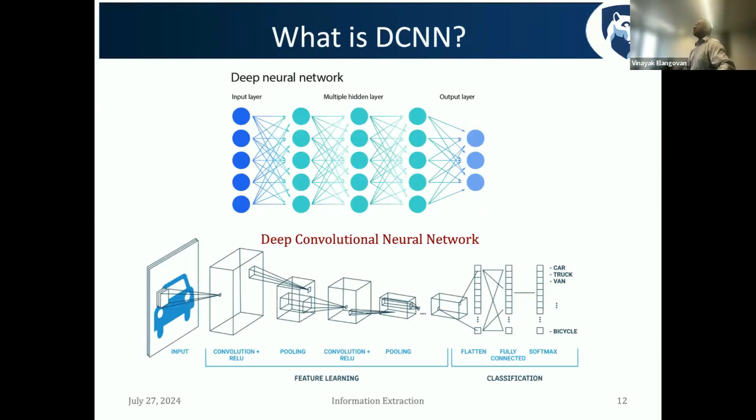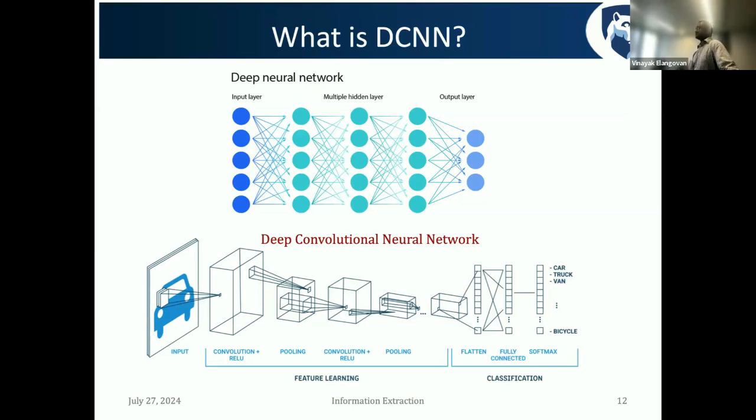Okay. So I'm not going to give you more basic details about the CNN. In short, most of us know about the ANN, artificial neural network. So we're going to have an input layer, multiple hidden layers, and an output layer.